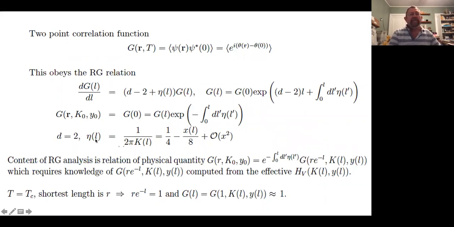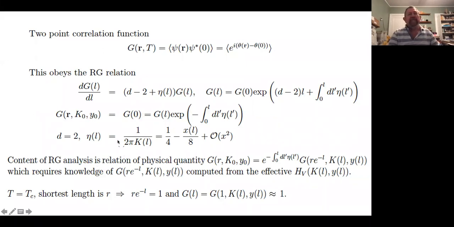Now this eta of L is just 1 over 2 pi k of L. This is easy to see because if you just take a Gaussian system, the correlation function decays like 1 over r to the power of eta. And eta is exactly 1 over 2 pi k.